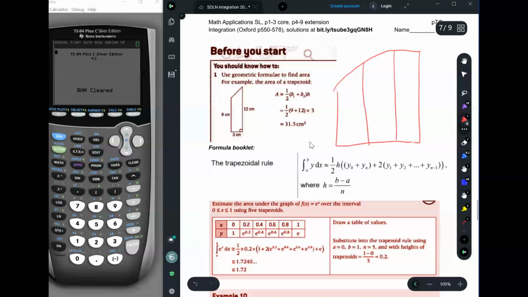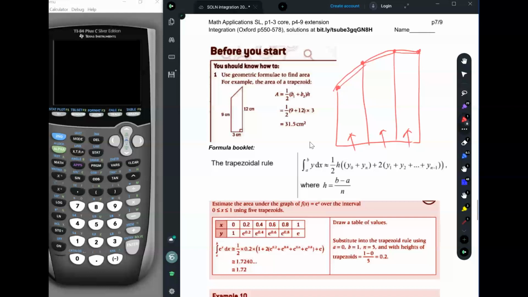And then we draw points which show how high each of the edges of the bars are, and then we just draw a straight line in between them, and then we find the area of each one of these separate shapes, which each one is a trapezoid, right? And that's why they call it the trapezoid rule. We're going to just find the area of these three trapezoids and add them together. You don't really need instruction to do that. You already know how to find the area of a trapezoid.